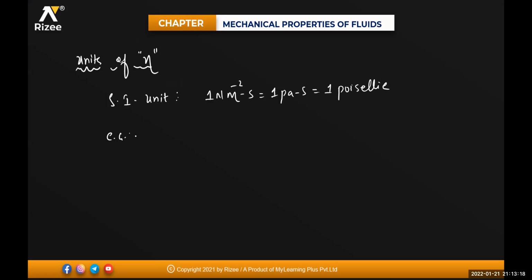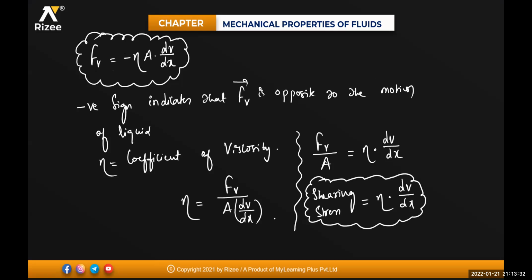Whereas if I am going for the CGS unit, CGS unit is 1 dyne second per centimeter square. Let me talk about what I'm getting here. Eta is force divided by area, Newton divided by meter square.